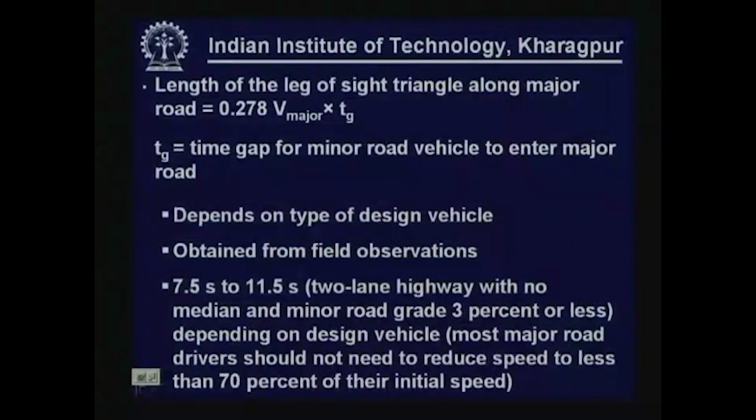So, it depends on the design vehicle, and the values recommended in AASHTO are obtained from field observations. It is found that this time gap varies from 7.5 seconds to 11.5 seconds depending on design vehicle. Say for a car it is 7.5, for other commercial and heavier vehicles it is even more.